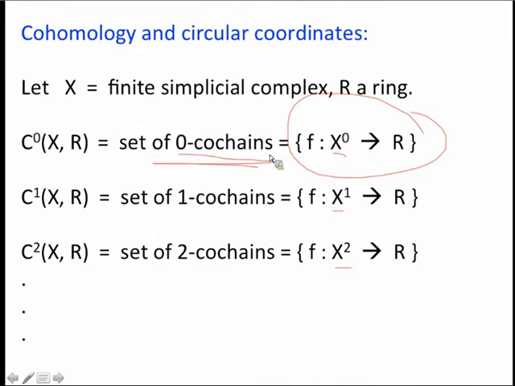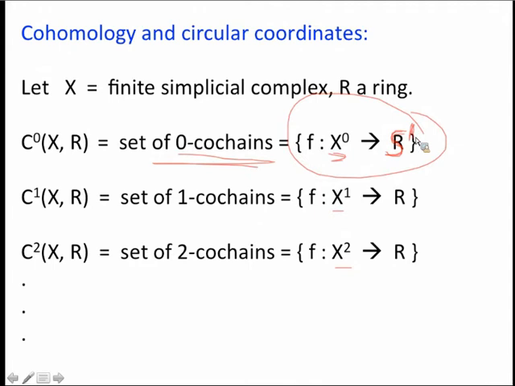And so we're going to look at the collection of functions on here because, after all, we want a function from our vertices into, if we choose our ring to be S1, then we get a function from our data into S1.